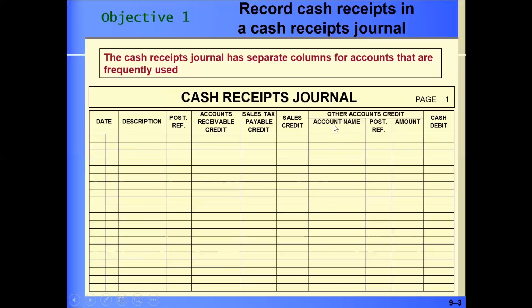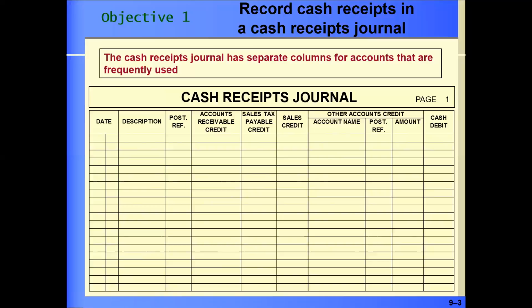And there may be other issues that are reasons why you may be receiving cash. And in that situation, this is like an all other catch area. So if you happen to have, I don't know, someone gave you cash, they wanted to buy some supplies from you that weren't inventory.